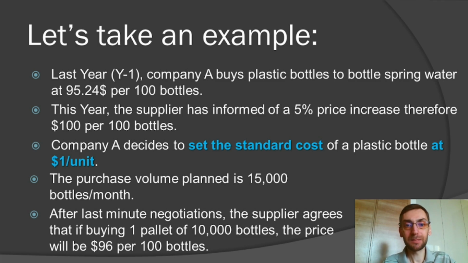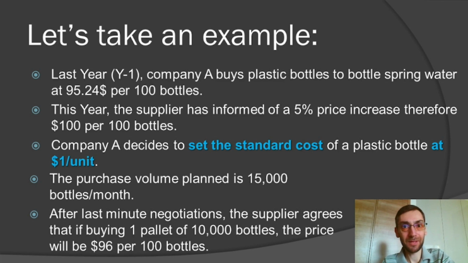And then you plan some volume based on your activity. You think, okay, basically I will buy like 15,000 empty plastic bottles per month from my supplier because I will sell those bottles to my clients, retailers, or such.